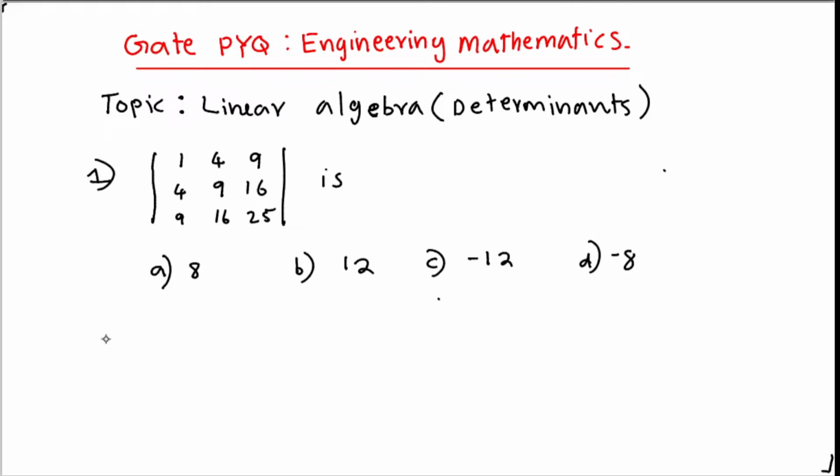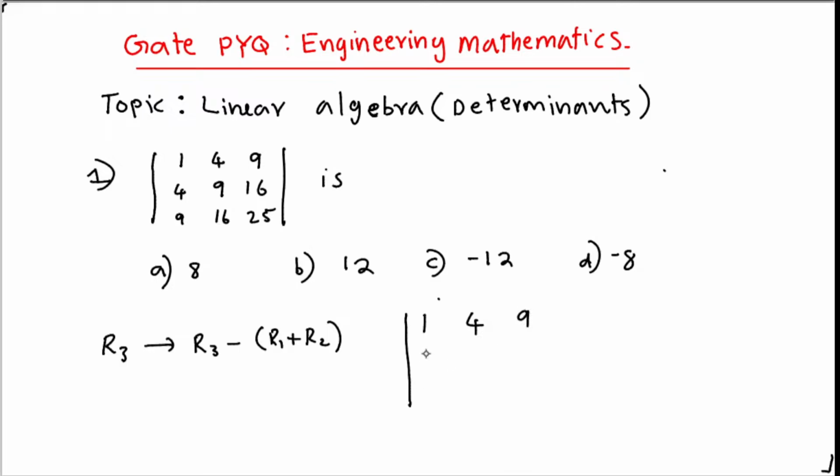So we can say R3 can be written as R3 minus (R1 plus R2). If we do that, we get the resultant determinant of a matrix as: the first row remains the same, 1, 4, and 9.